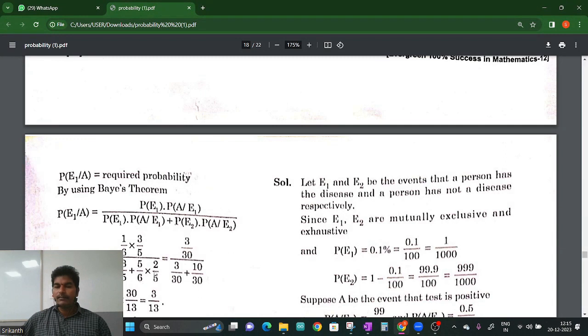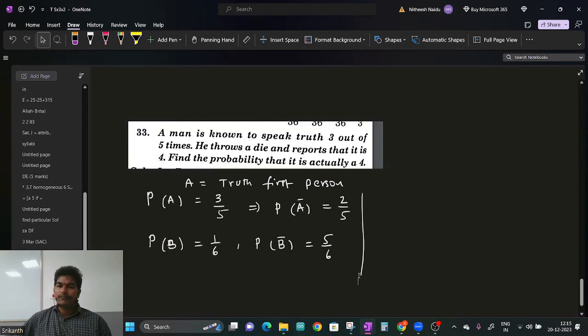He's telling 2 by 5 means he's false. And what he said, the die shows 4 and he's telling truth. Okay, calculate this probability.